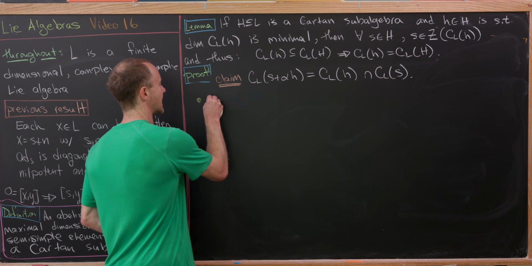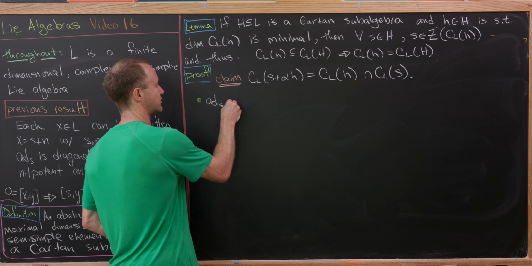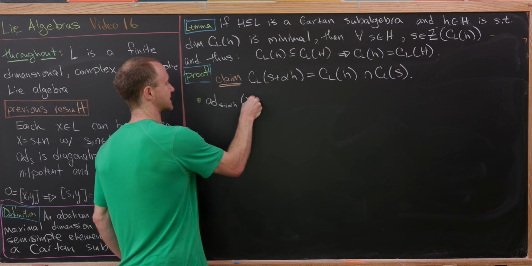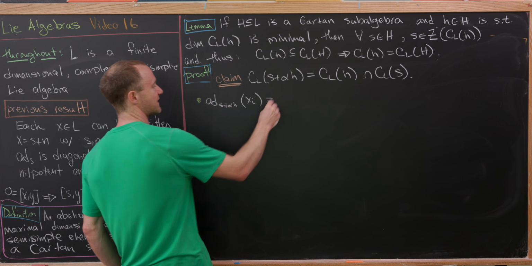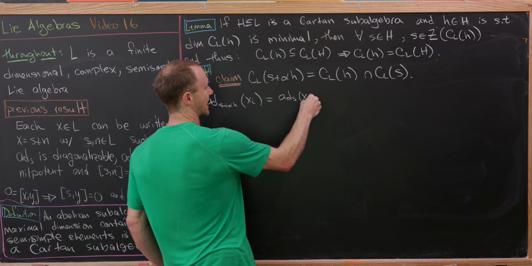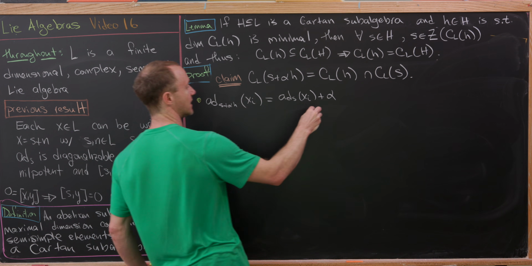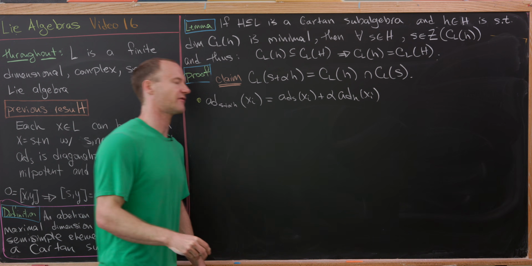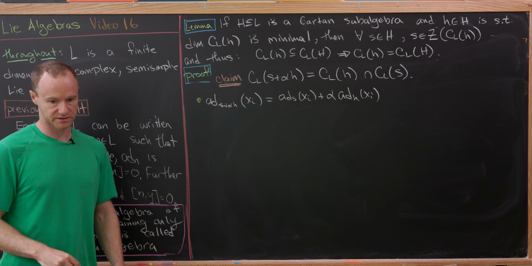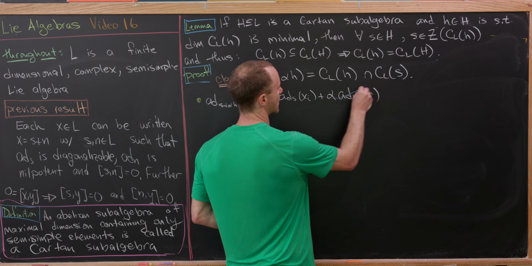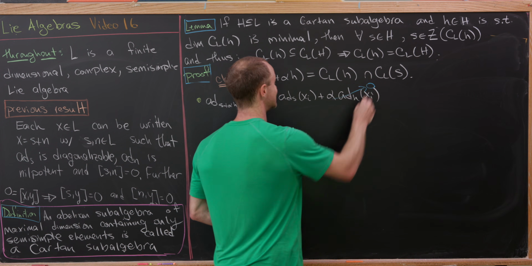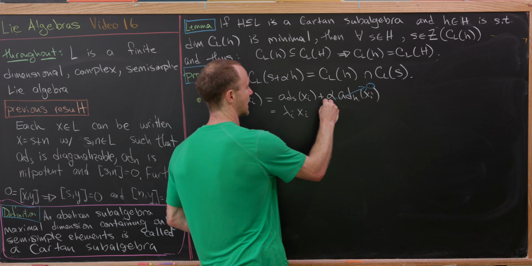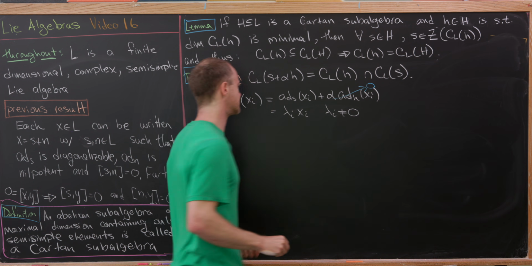So let's look at the adjoint action of S plus alpha H on one of these vectors Xi. So notice that that's going to be ad S of Xi plus alpha times ad H of Xi, just based off of how the adjoint action works. But then let's recall that this part goes to 0, leaving us with lambda i Xi, where lambda i is not 0.